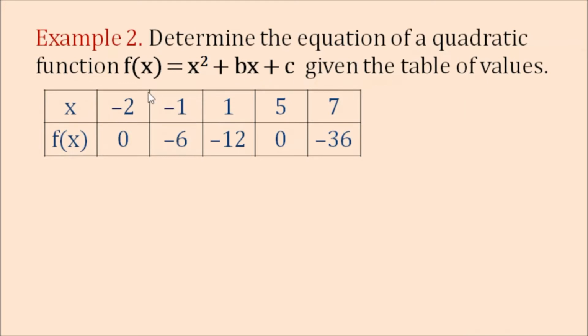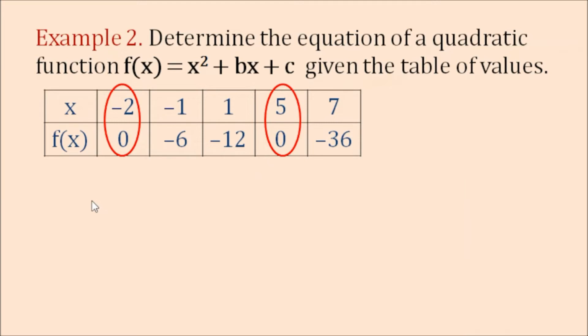And our strategy here is to use the zeros of the function. The zeros of the function are the values of x when f of x equals 0. So the roots are -2 and 5.